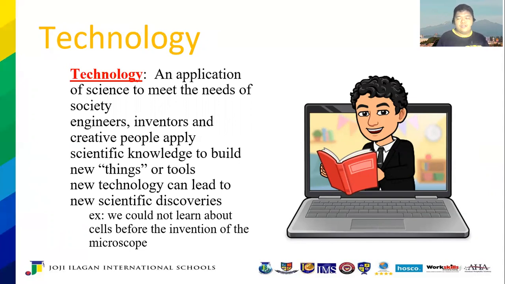So you should see here, for technology, for example, the microscope, we can learn about cells and even bacteria through the use of the microscope. When there was no microscope, we did not know that we are made of cells, and we did not know we have bacteria around us, or viruses, or pathogens. Right? Technology has made things better for us. Right?